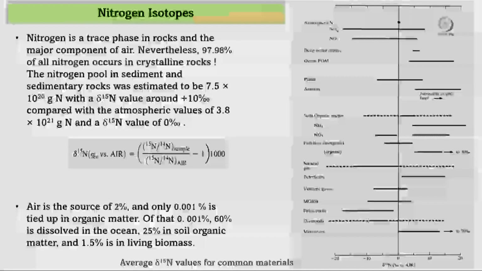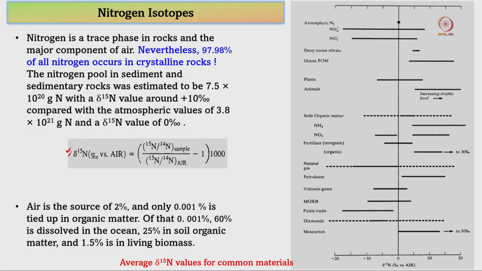Now, when we measure nitrogen, we are measuring nitrogen with respect to air. So, delta 15N means 15N by 14N of the sample divided by 15N by 14N of the air, minus 1, into 1000.